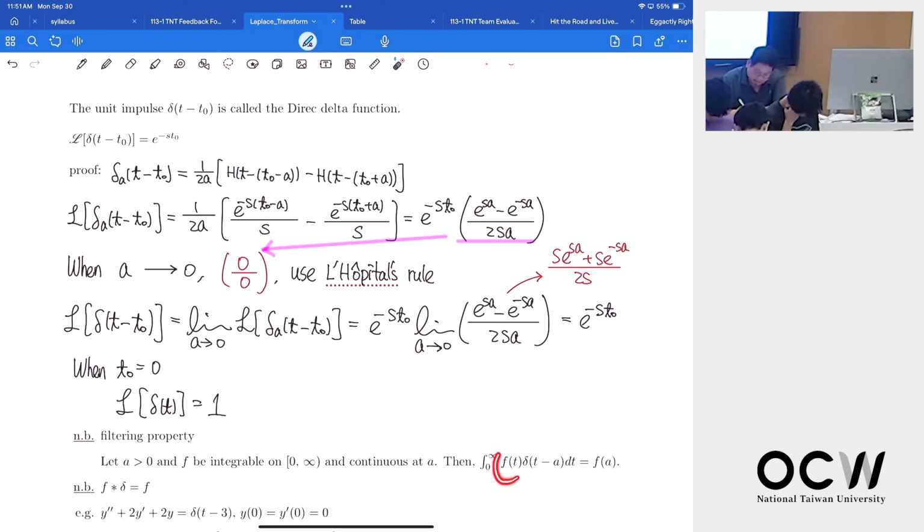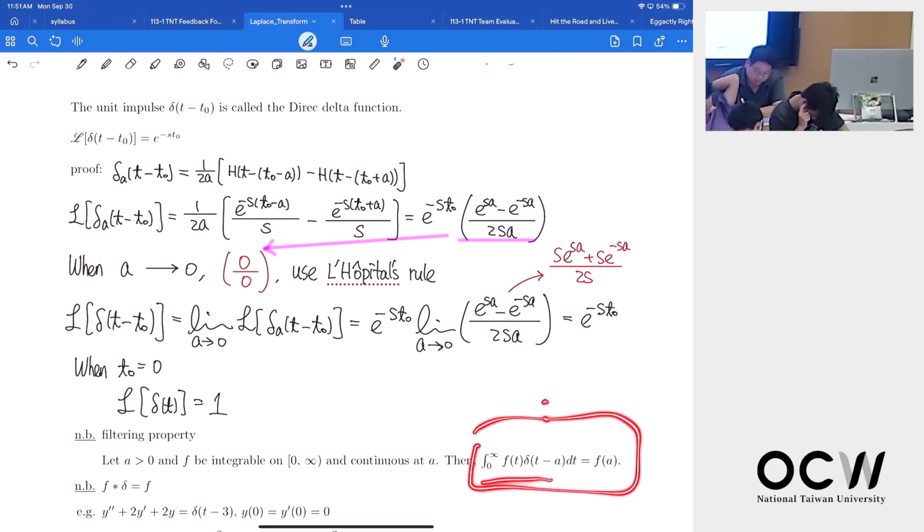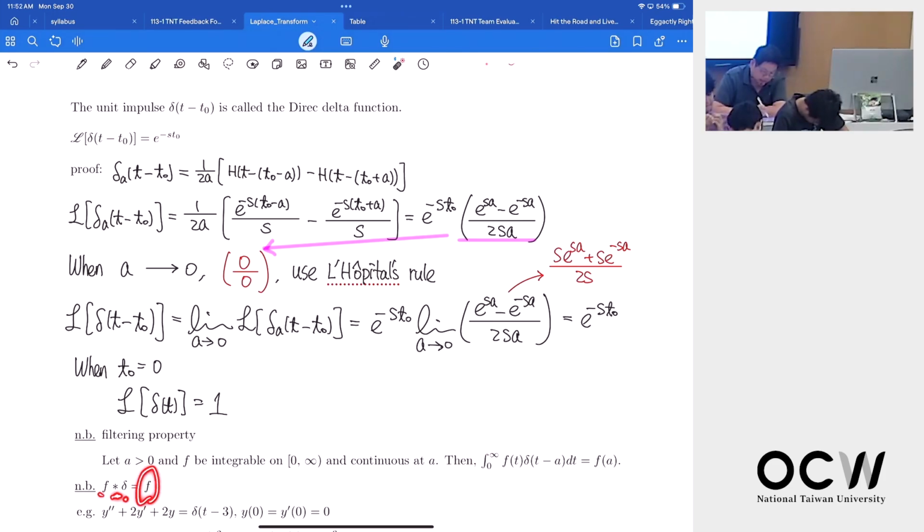If I have a function f times this unit impulse, or Dirac delta function, when you do this integration, the result is f of a, because I only have a value at a for this delta function. So this is a very useful filtering property. If you convolve f with this delta function, you get the function itself.